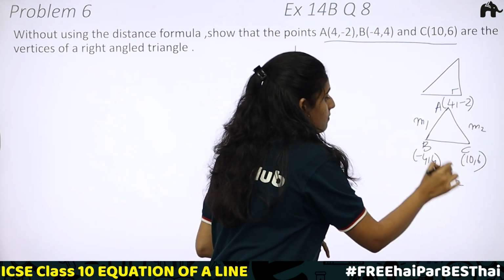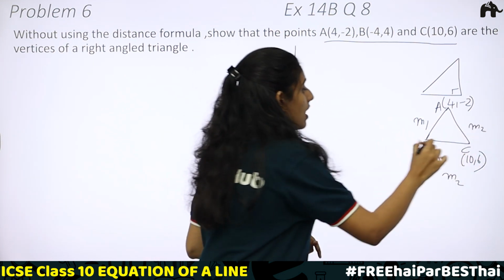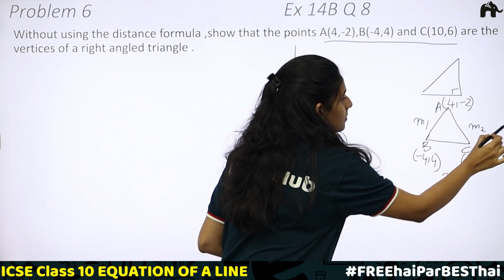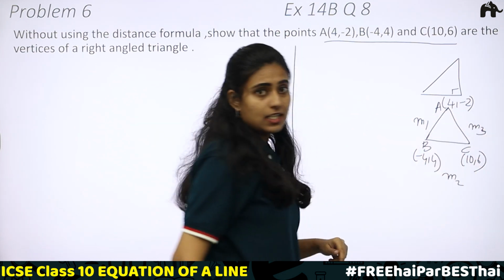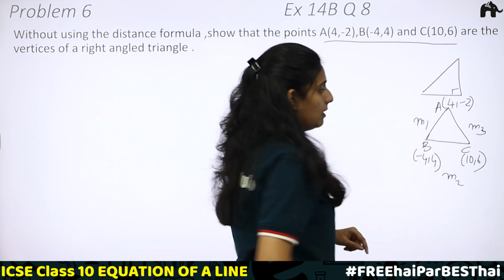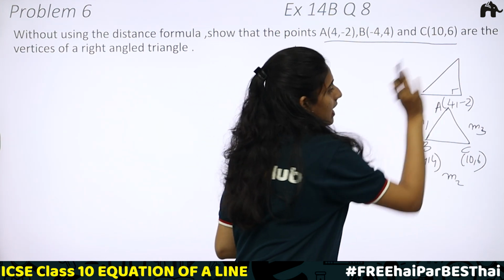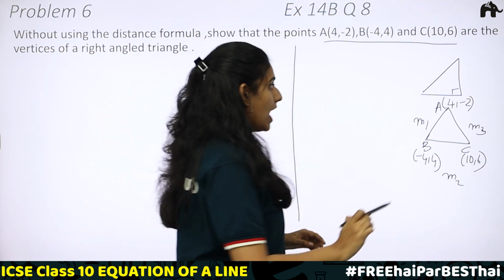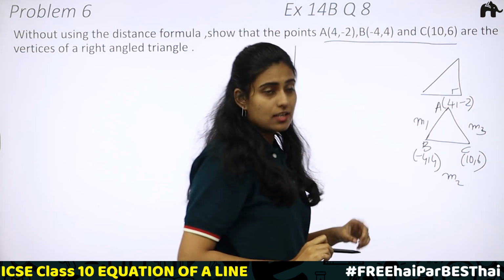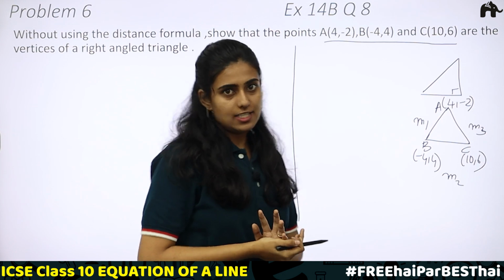By finding M1 into M2 or M2 into M3 or M1 into M3, if we are getting minus 1, then the two sides will be perpendicular. If we have two sides perpendicular, then it will be a right angle triangle.